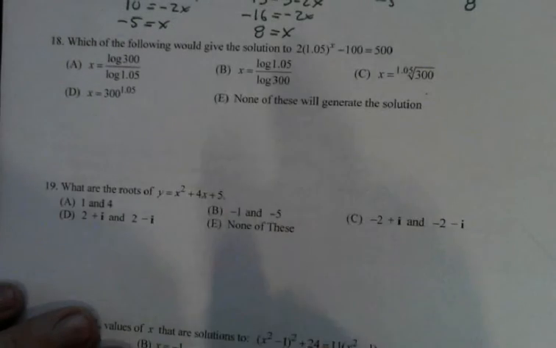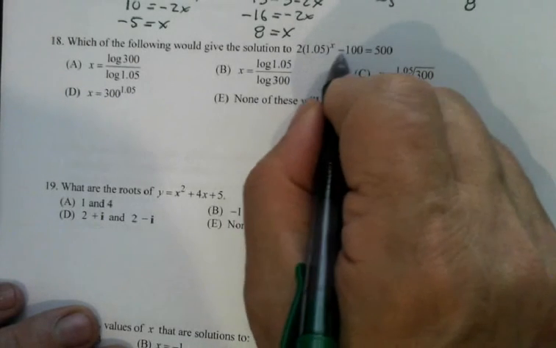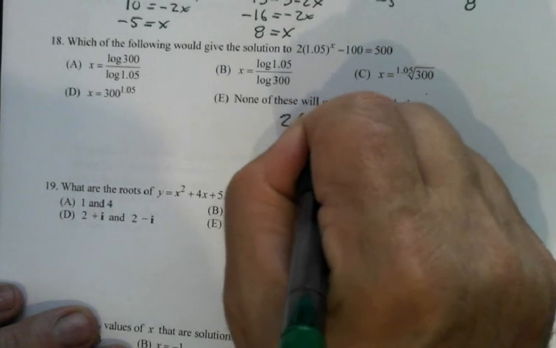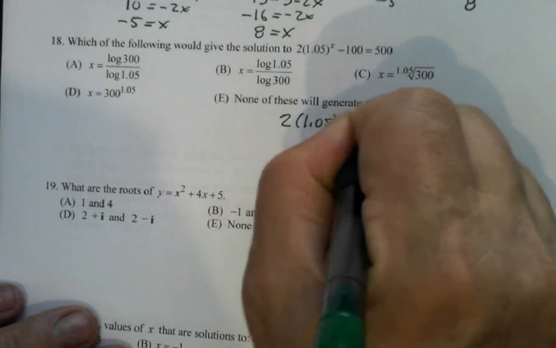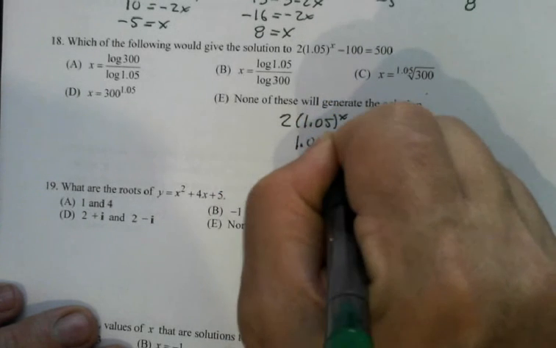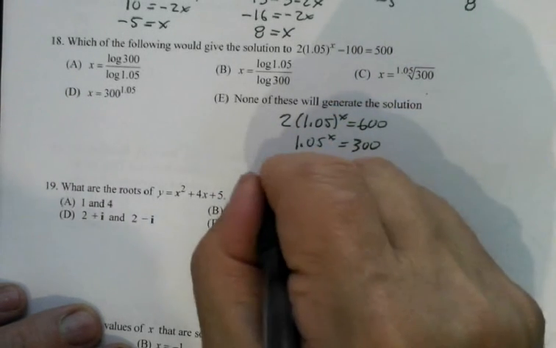Okay, 18, solving. So first thing I'm going to do is get the 1.05 to the x by itself, so we'll add 100. So 2 times 1.05 to the x equals 600. We get 1.05 to the x equals 300 by dividing. Now I'm going to take the log of both sides.